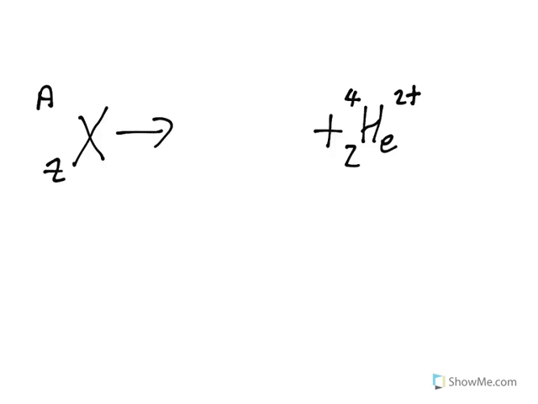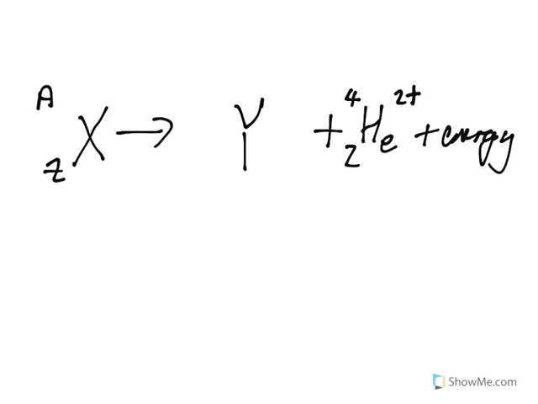It's important, I haven't mentioned this yet, but it's important that this 2 plus goes on there so that we know that it's an alpha particle, not a helium atom. Now they all have energy, all of these. So often you don't see the energy written, but they do. So what happens is we get to another atom, another element, element Y.